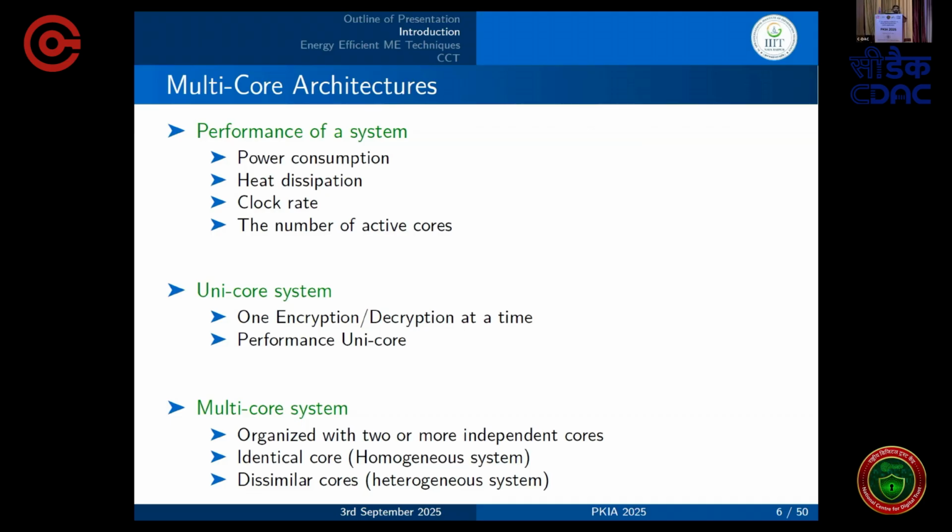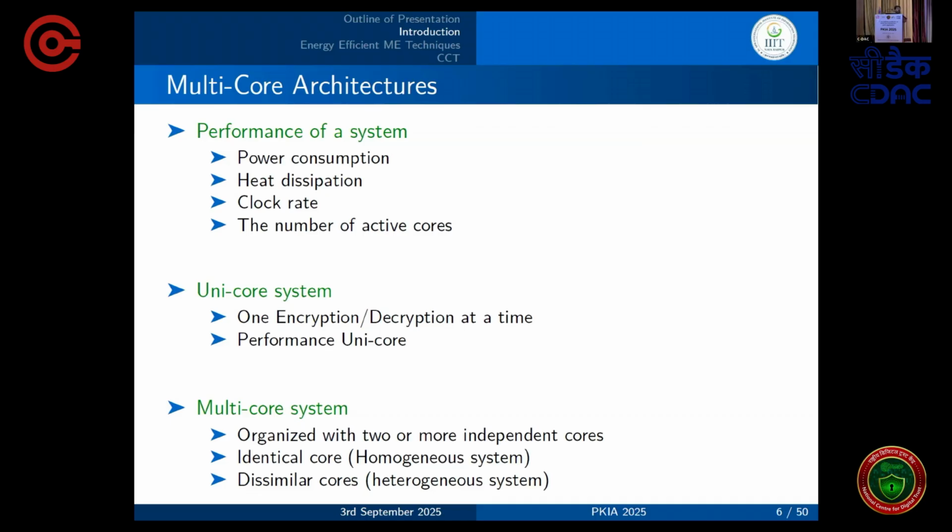Sometimes, due to excess heat, the chip may not perform the exact functioning; it may misperform. Then the multi-core system came into the picture, where a processor contains two or more active cores integrated in a single chip but on different dies.